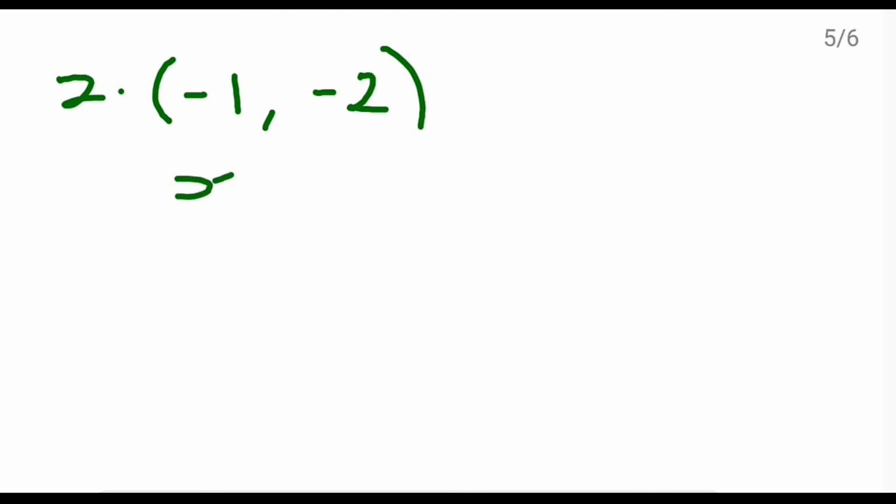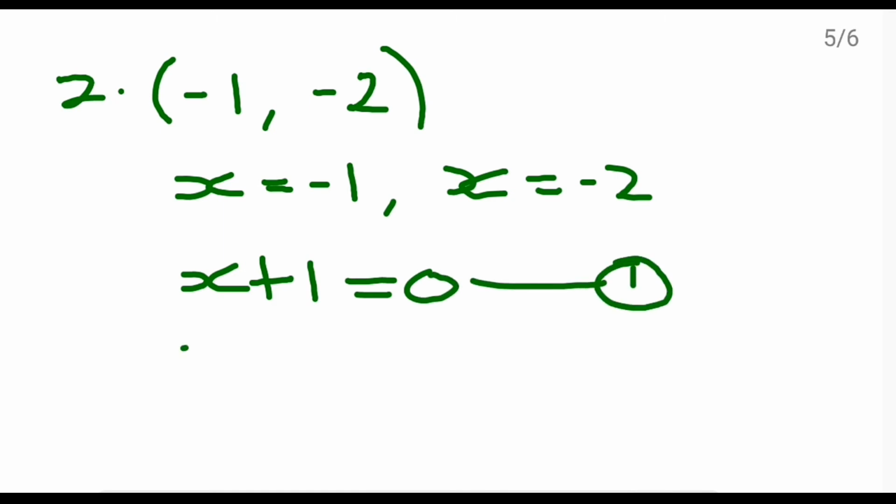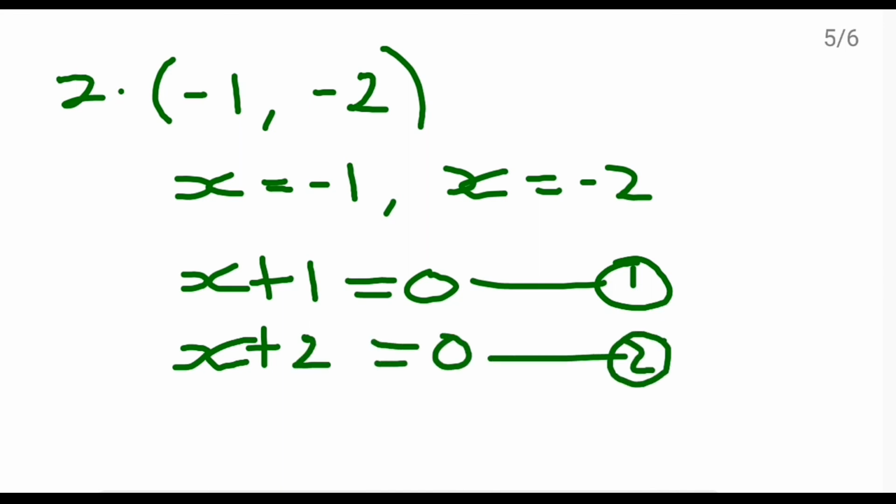So let my x be negative 1, or my x be negative 2. You bring the constants to the left. So we have x plus 1 equals 0, we can call this equation 1, then x plus 2 equals 0, we call this equation 2.